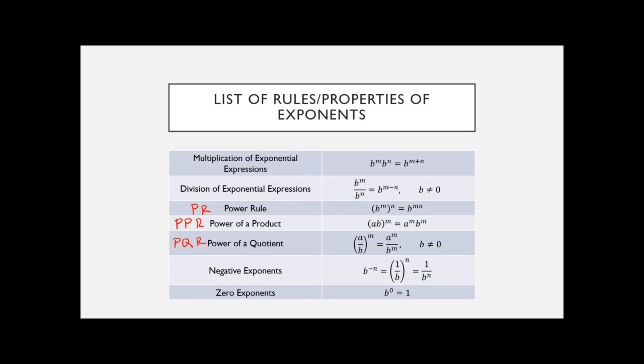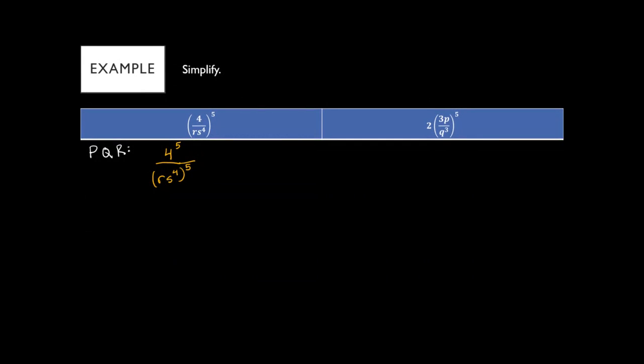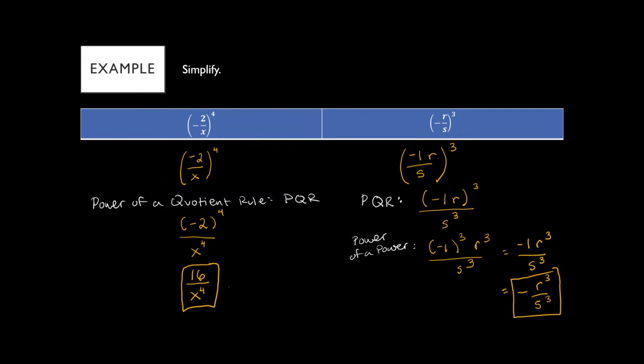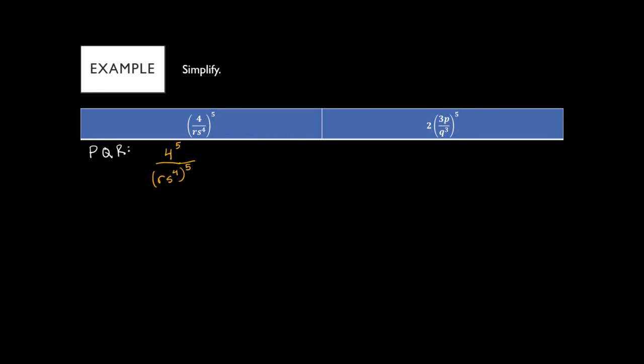Call this power rule. And okay, so I'm going to go back to my other example. I wrote power of a power and meant power of a product, so I should fix that. There we go. Too many P's.